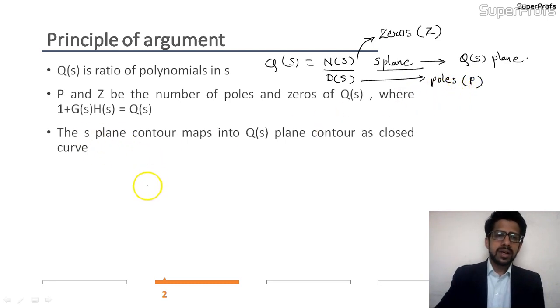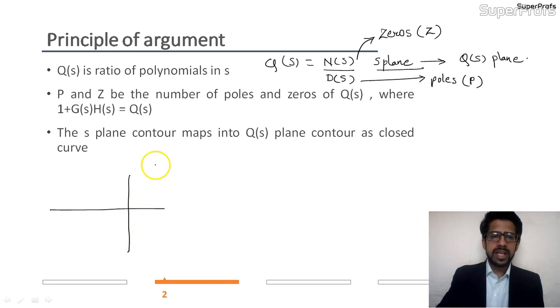Now, if we have to plot these zeros and poles in the S plane, you have a particular function Q(S), given as N(S) by D(S), and you have already determined its zeros and poles. Let us assume you have a particular pole here in the S plane.